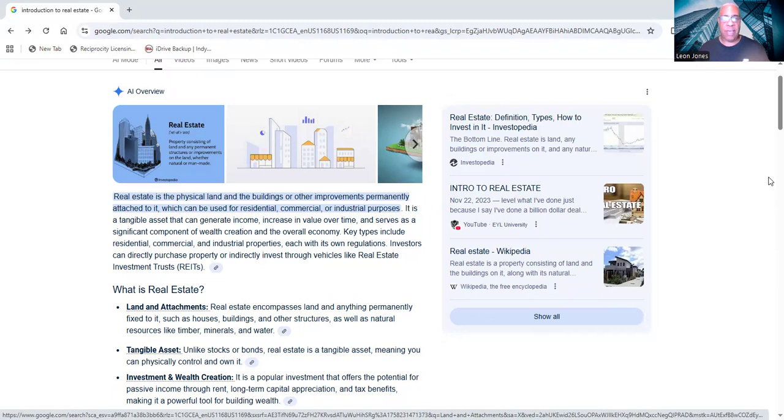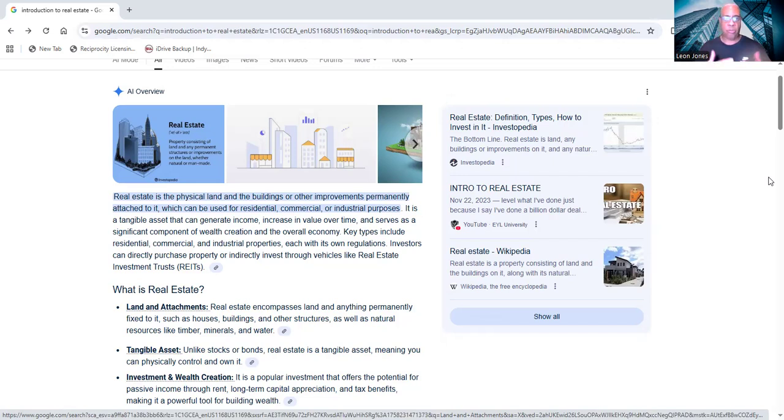It's basically a tangible asset that can generate income, and that income can increase over time. And the increase will be the value over time, and it serves as a significant component of wealth creation and the overall economy. So again, key types include residential, commercial, and industrial properties. You have special and agricultural as well, each within its own regulations.